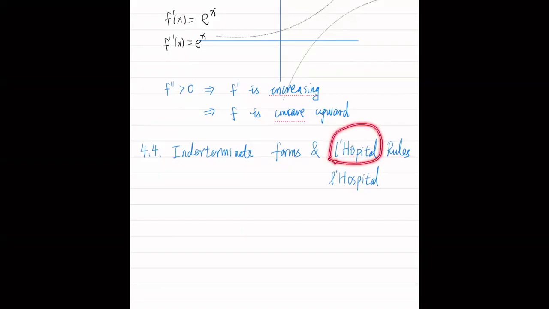It's l'hôpital, because in French they often have a silent H. It means the hospital in French. So it's not "law hospital"; there's no S and there's no H pronounced. L'hôpital is a French name.